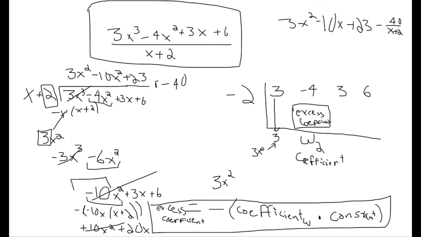So in this case, the w was 3. The constant was 2. So it was 3 times 2 equals 6. And then it was negative 6, right? Because we were subtracting it. So that was the coefficient of the excess term. So we managed to find out what the coefficient of the excess term is. It is negative 6.